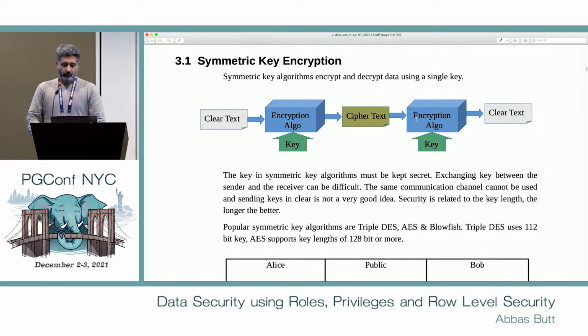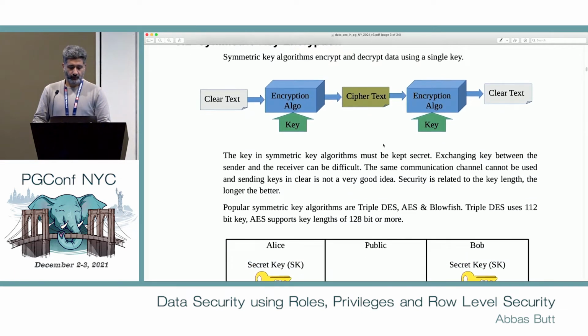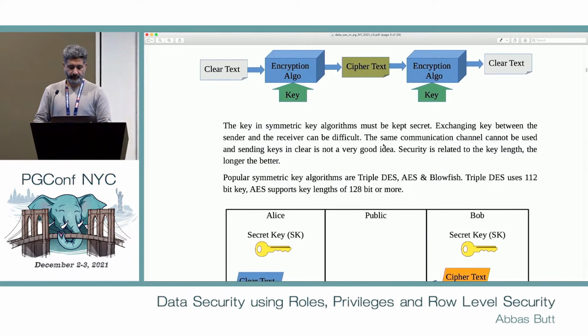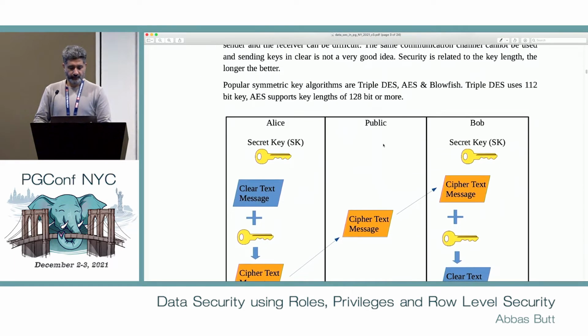And once you pass the ciphertext to the decryption algorithm, which is the same as the encryption algorithm, using the same key, you get the clear text out. Note that you are basically using the same key on the encryption and decryption side. So the exchange of the key is something that you have to deal with in this scenario that we will discuss next.